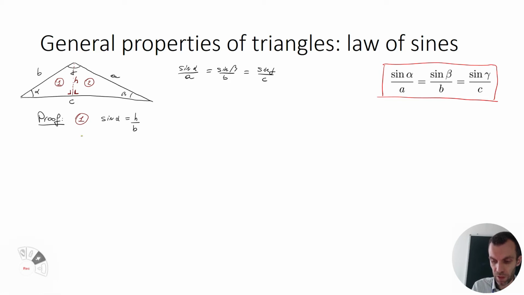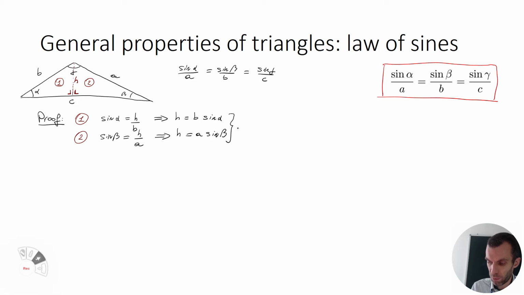And if I look at triangle 2, I get that the sine of beta, remember the sine is always the opposite side divided by the hypotenuse, is in this case h divided by a. So from this I get that h is equal to b times sine alpha. From this I get that h is equal to a times sine beta.